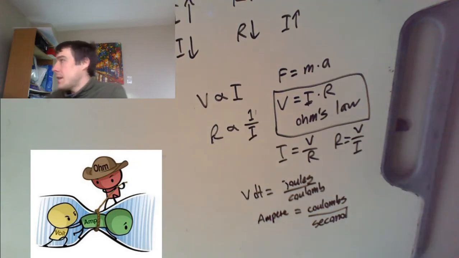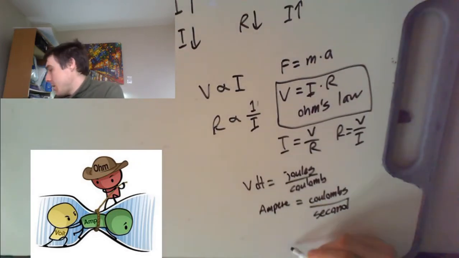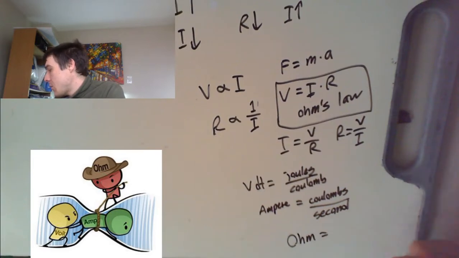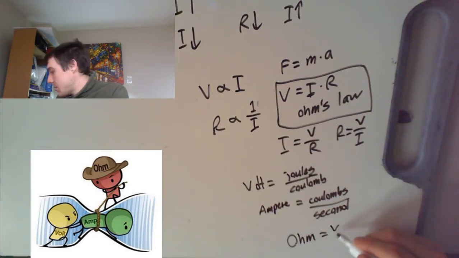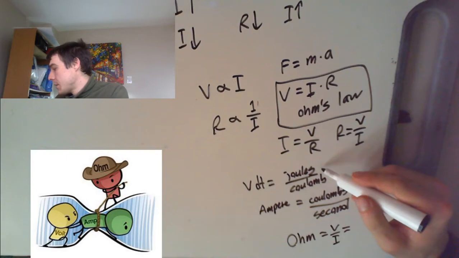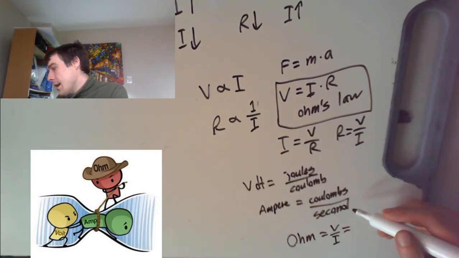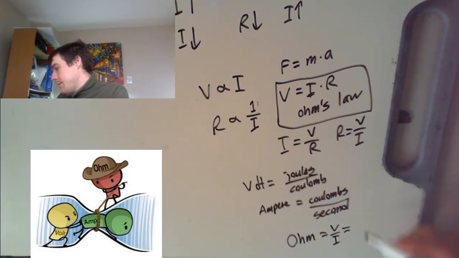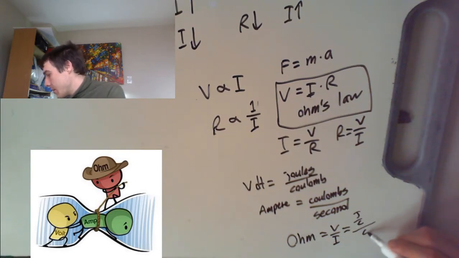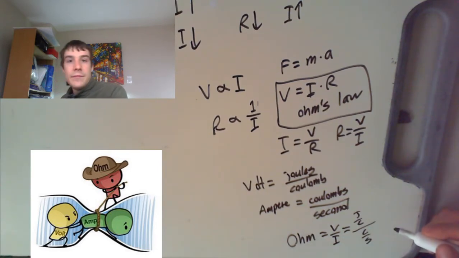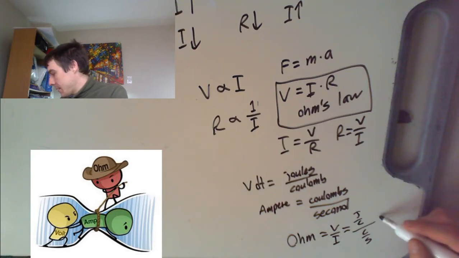So the last piece, named of course after Ohm, the ohm: an ohm is voltage over current. Voltage over current, joules per coulomb per second, which is a little bit of an interesting one because it is joules per coulomb over coulombs per second, which is joule seconds per coulomb squared.